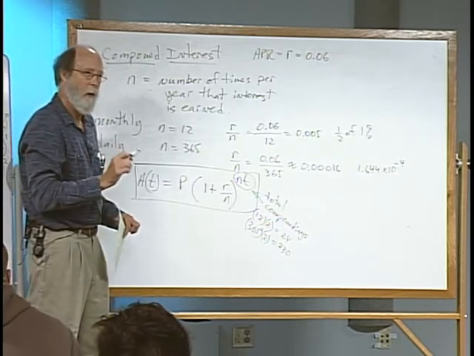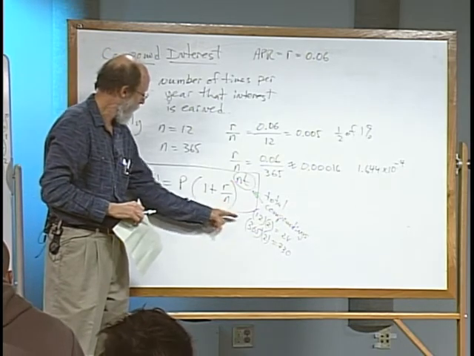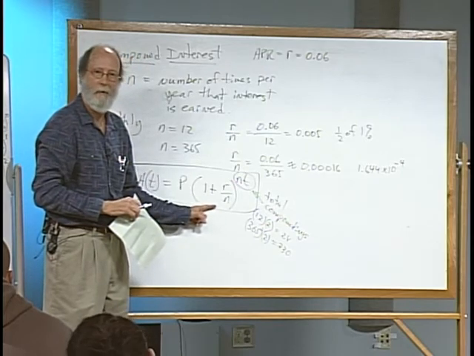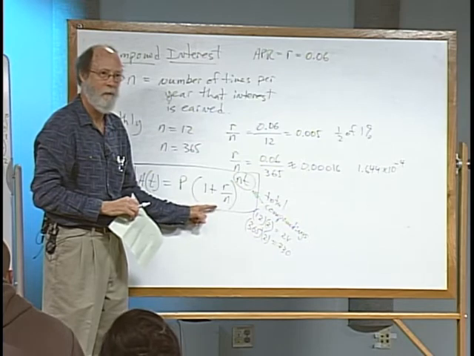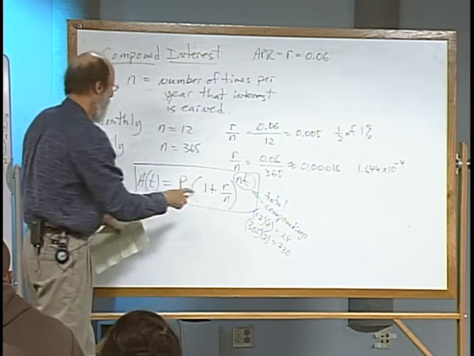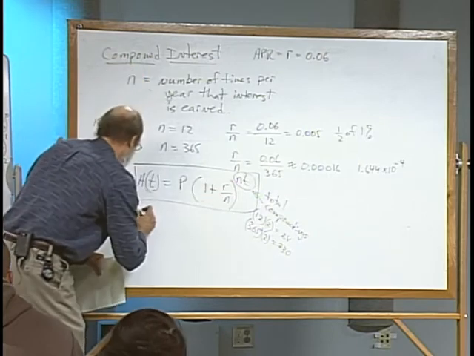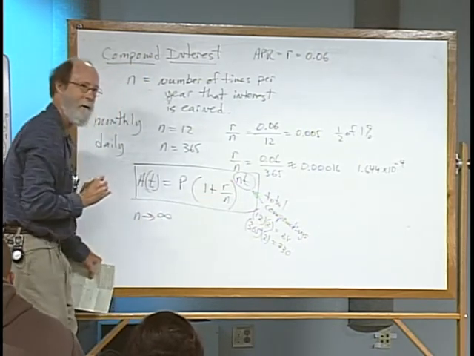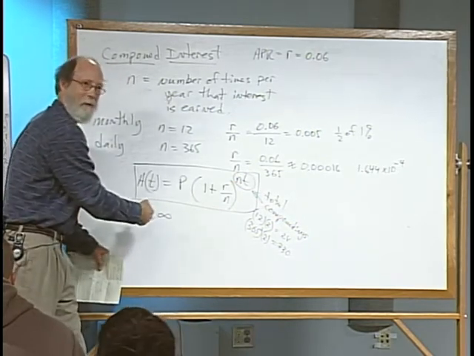Now, I wonder what happens if we start letting the compoundings go even more than daily. What if we said every minute, every second? Instantaneously, we're going to give you some interest. Look what's going to happen to your interest rate over n. As n goes towards infinity, we've been doing some of this back when we did rational functions, right?